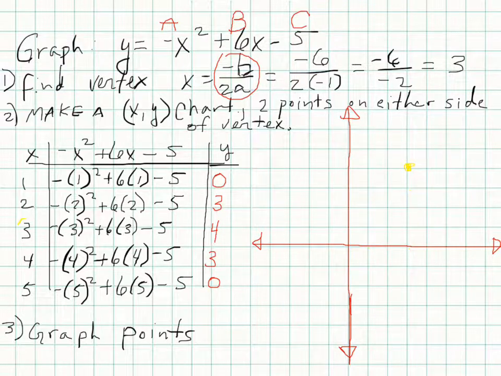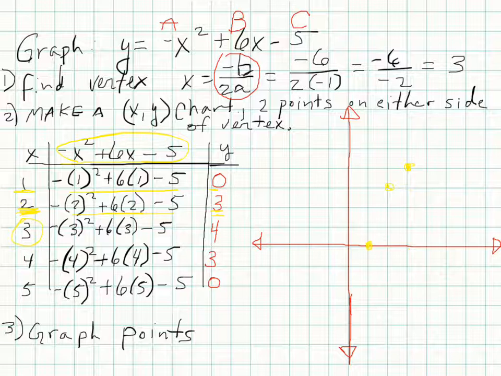Since it's the vertex, I'm going to use 2 for x, and I'm going to use 1 for x. I subbed it into this equation as far as my middle column in my chart, and I found that when x is 2, y is 3. When x is 1, y is 0. So I'm going to plot those points. I'm going to plot the point 2, 3, so right 2, up 3. This point right here. I'm also going to plot the point 1, 0, right here.